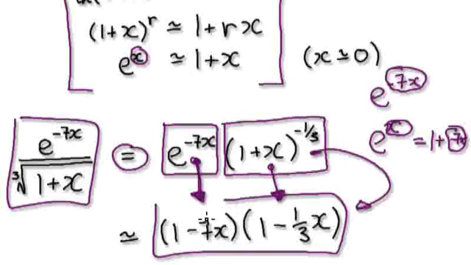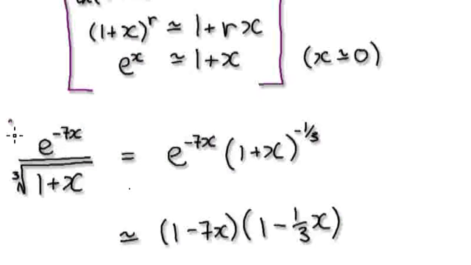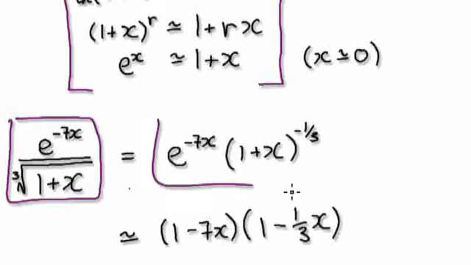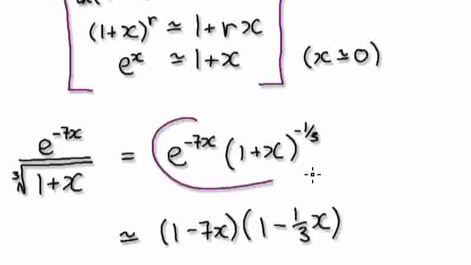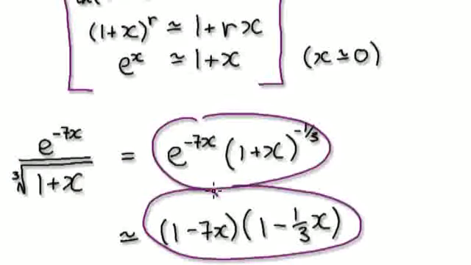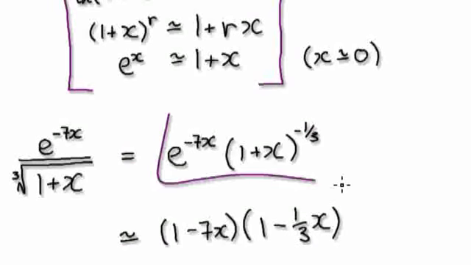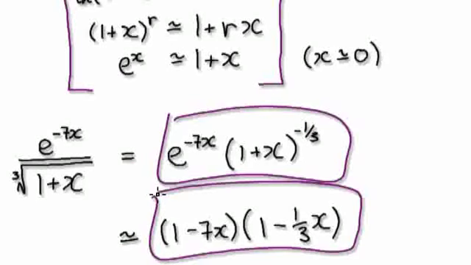So at the moment this is exactly equal to this, that's why we have to use this equal sign. But then the minute we move from here to here, we are approximating, so this equal sign becomes this approximate sign.